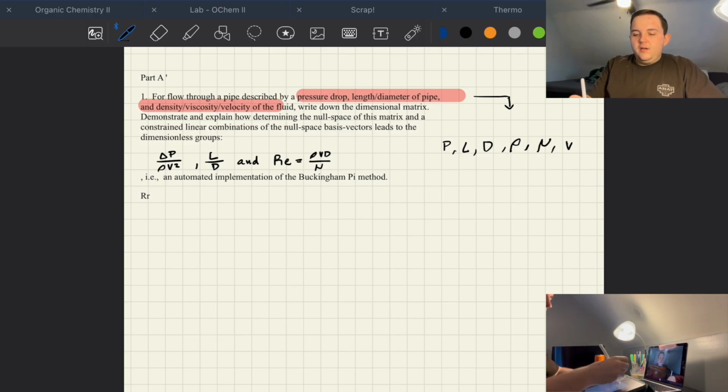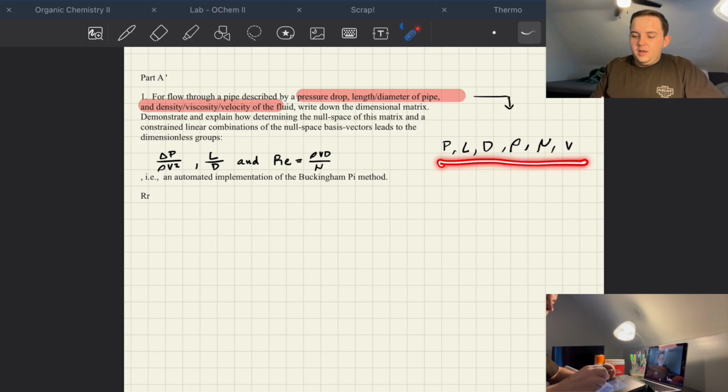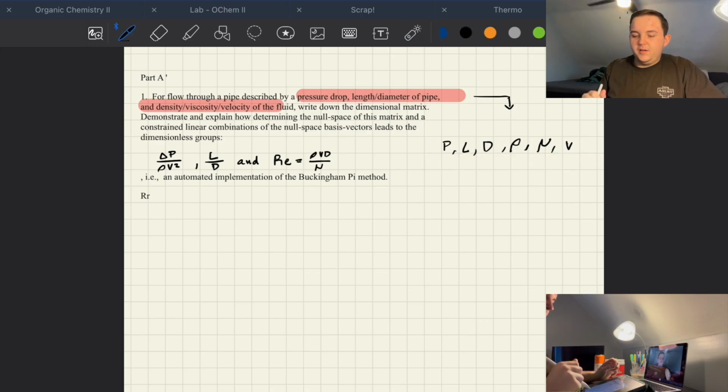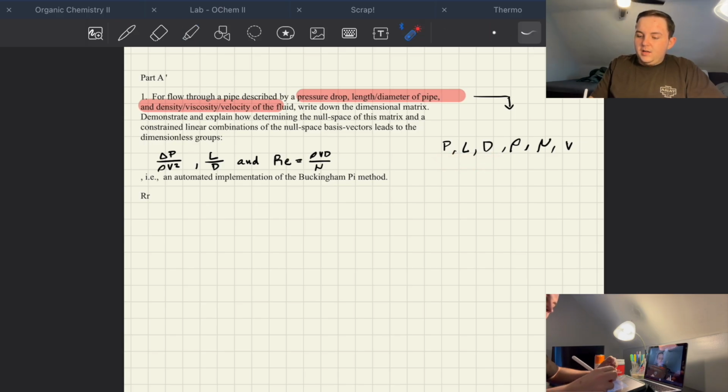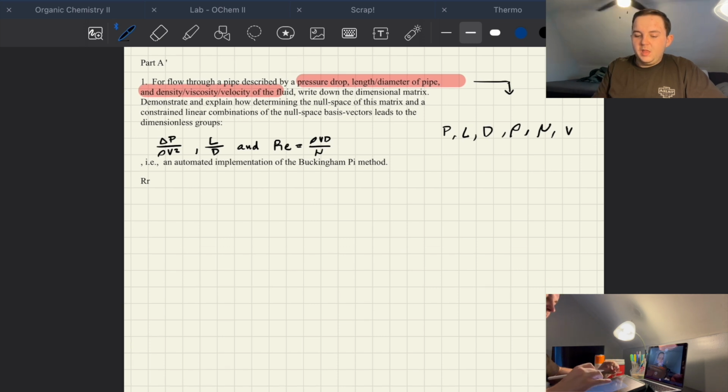So what I have over here is our six variables that we're working with, which, as I said earlier, is going to be pressure, length, diameter, density, viscosity, and velocity, in that order, because that's just the way they're ordered in the problem.